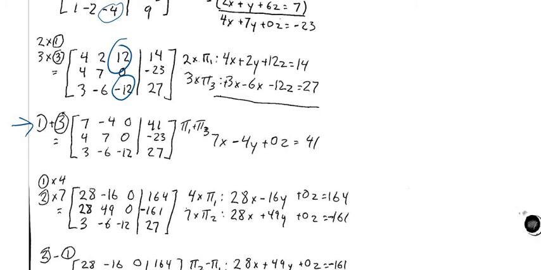That's the one that changes here, because we want to get rid of this 12 and return to a 0. And when we do that, we get 4 plus 3 equals 7, 2 plus 6 equals -4, 12 plus -12 equals 0, and 14 plus 27 equals 41.